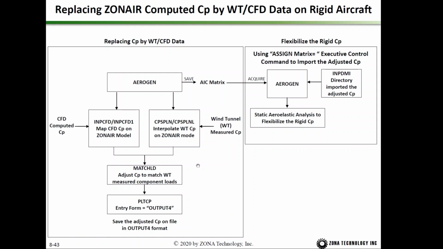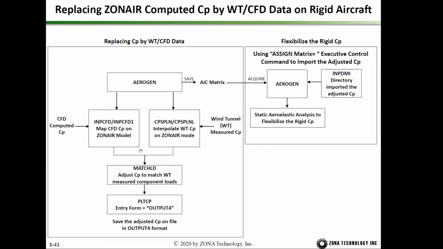So finally, let's summarize how we replace the ZONAIR computed CP by wind tunnel or CFD data on a rigid aircraft. First, you specify the aerogen card, and then you can use either the CFD computed CP or wind tunnel measured CP to replace the aerogen generated CP.